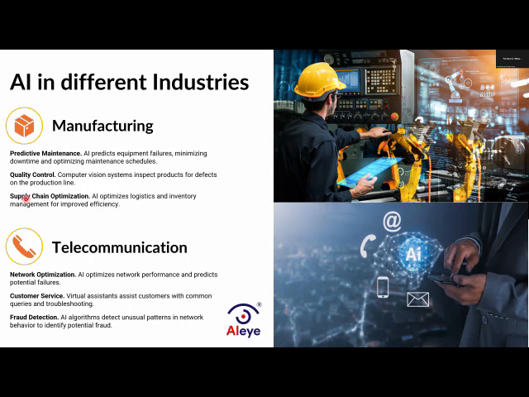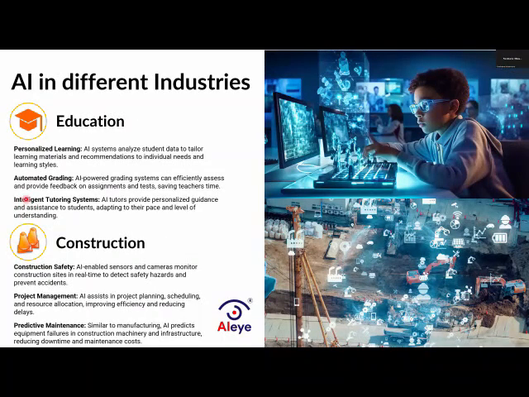Telecommunication is the same way, and education definitely is going to be changing. Automated grading, intelligent tutoring systems that we have already implemented, personalized learning. I used to see a couple of sessions in TikTok, some advertisements for personalized learning. They are teaching English through an avatar based on your performance.